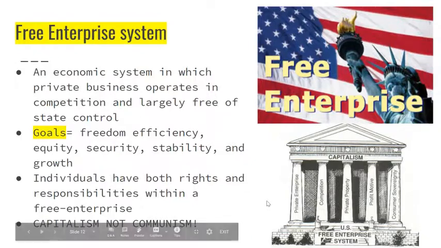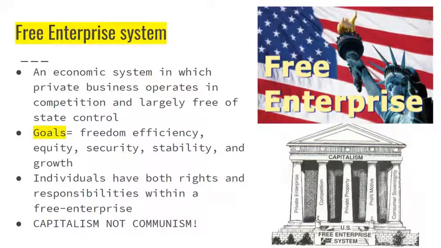All right, free enterprise. When looking at the free enterprise system, this is where private owners are allowed to operate fairly free from state control. The United States does have free enterprise, where we are allowed to set goals such as freedom, efficiency, equality, security, stability, and growth.